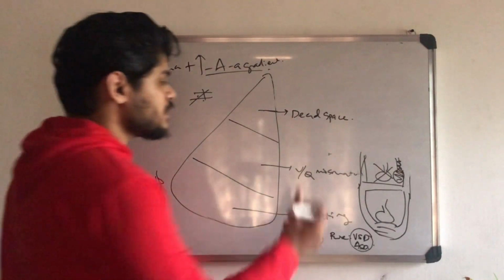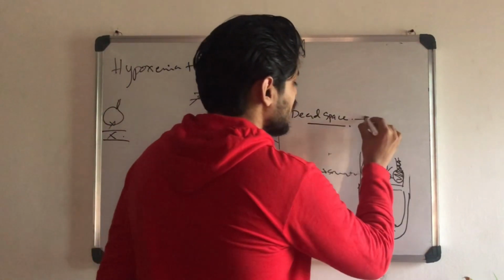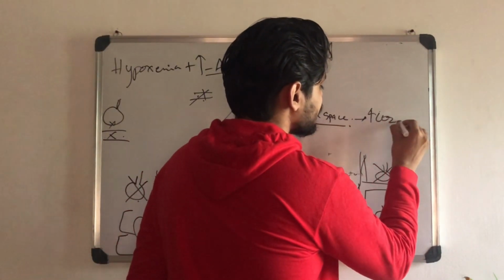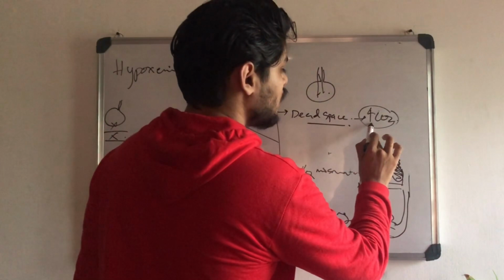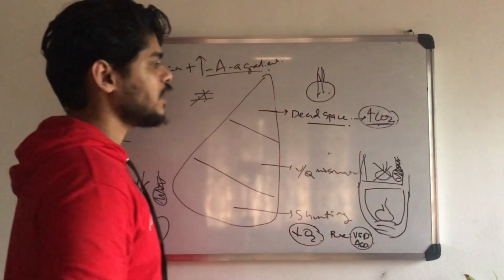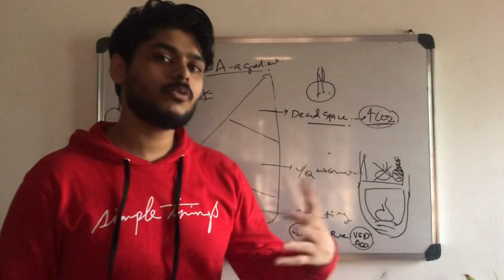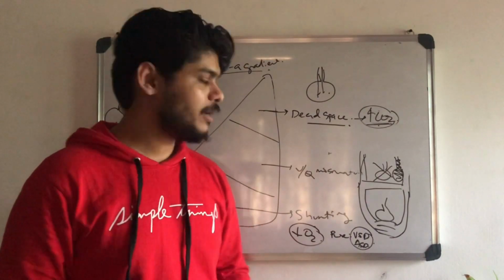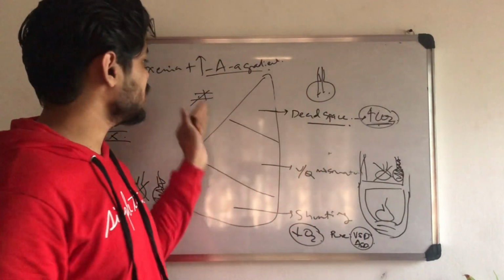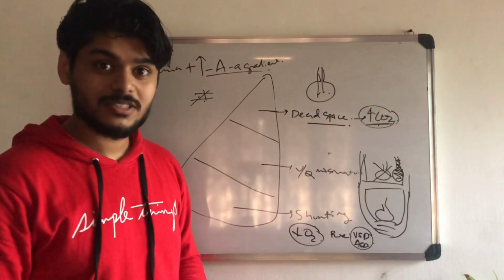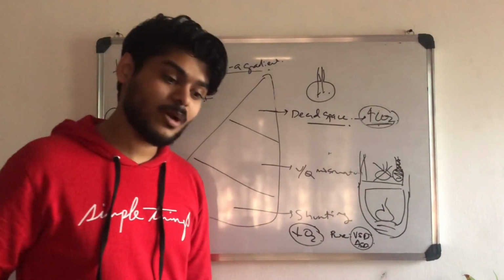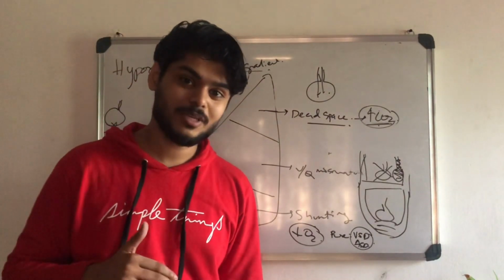And dead spaces contribute to increased carbon dioxide. So see, what contributes to increasing carbon dioxide? Actually, carbon dioxide should be removed by ventilation, right? But here alveoli is there, but there is no blood supplied to those places. So the one who has to carry the carbon dioxide and give it to me is not coming.